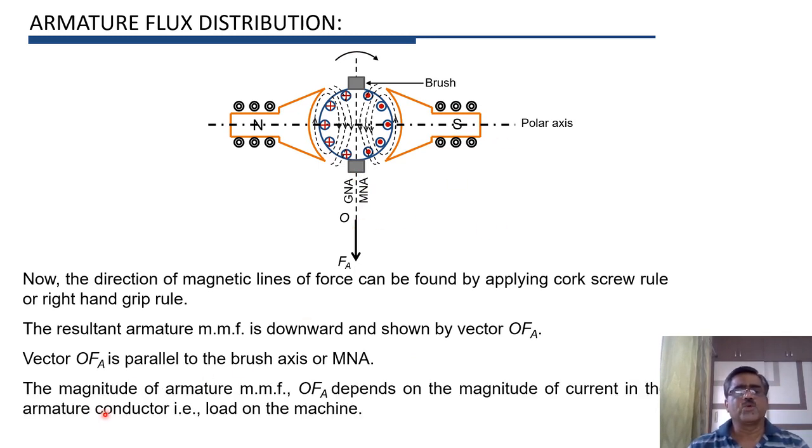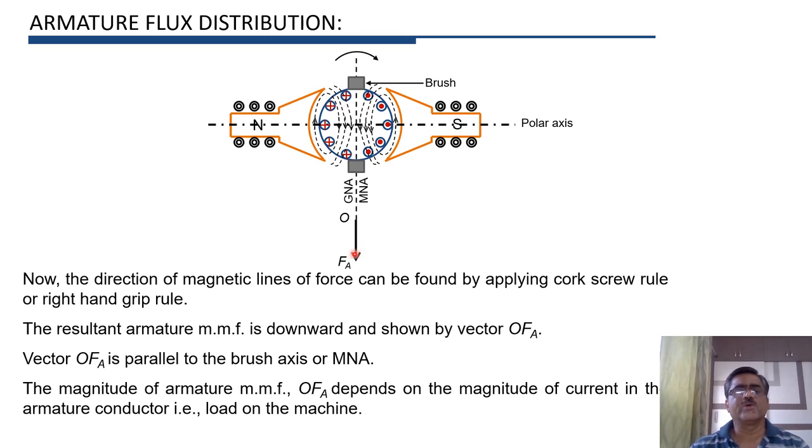Now here you have to note that the magnitude of armature MMF, that is OFA, depends on the magnitude of armature current. If more current flows through armature conductors, then the magnitude of OFA will be more.